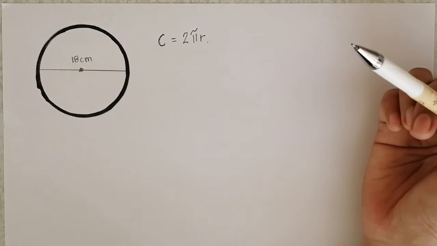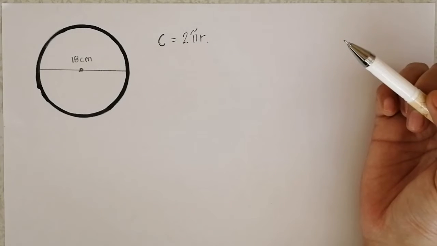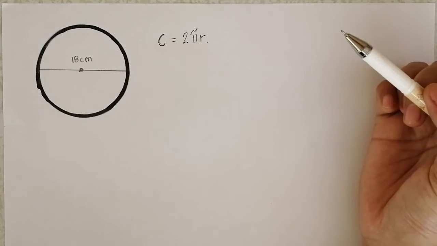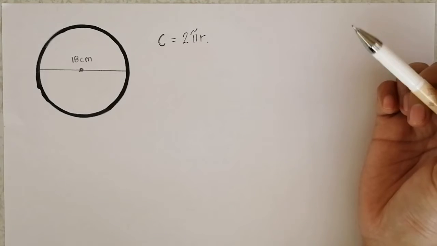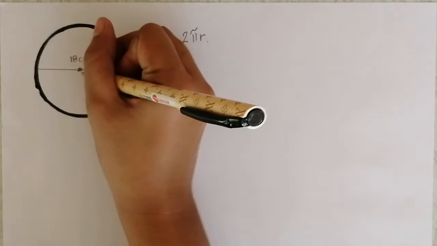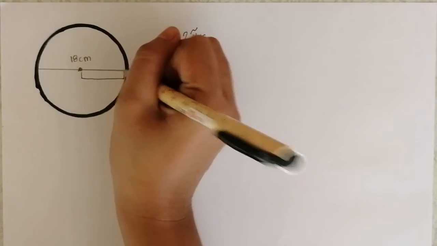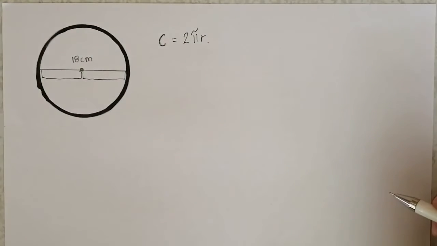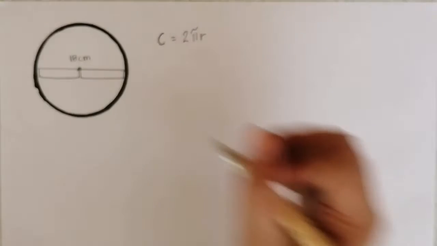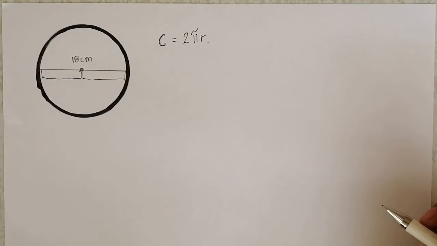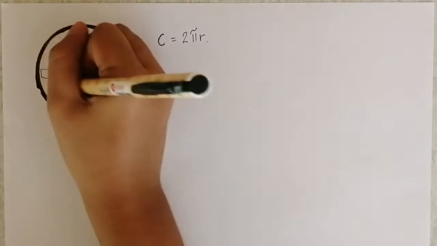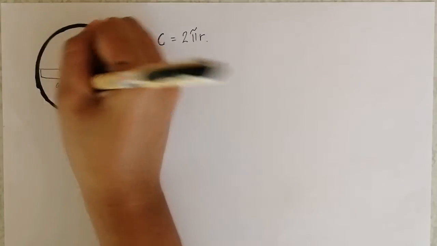Since the given is a diameter of 18 centimeter, we should first find the radius, which is any line segment from the center of a circle to its circumference. So we have the first and the second radius, so we have two radii. Now 18 centimeter divided by 2, we will have 9 centimeter and 9 centimeter.